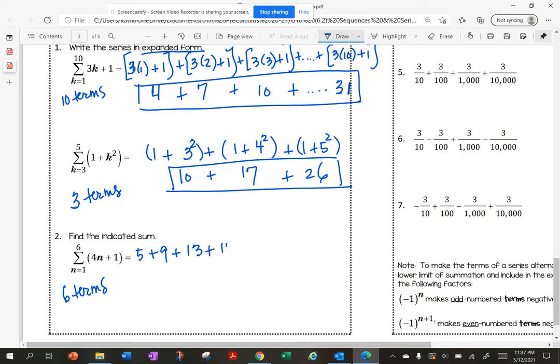And I can keep going. I got 17 plus 21 plus 25. So when I add these all up, the sum is 90.